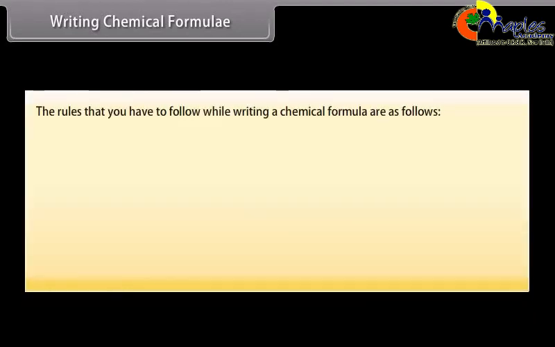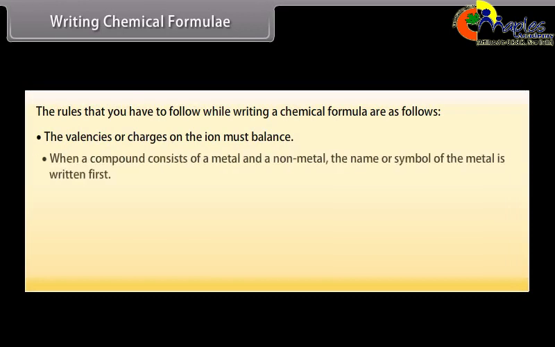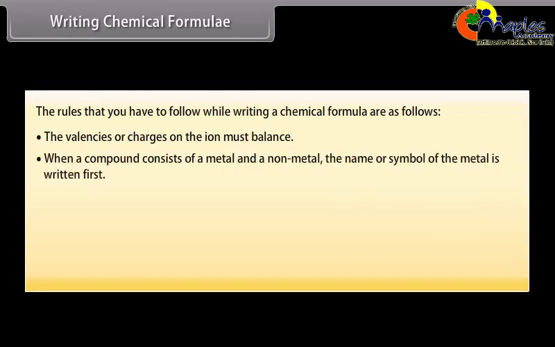The rules that you have to follow while writing a chemical formula are as follows. The valencies or charges on the ion must balance. When a compound consists of a metal and a non-metal, the name or symbol of the metal is written first.